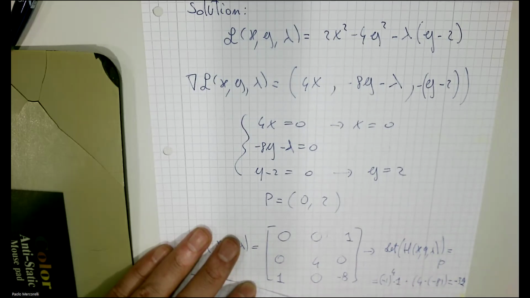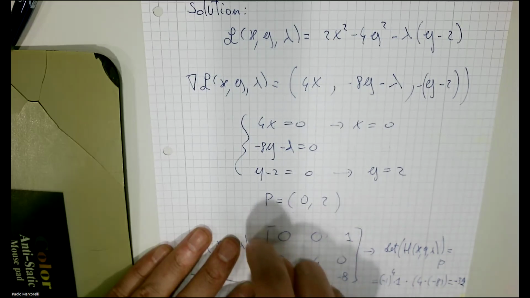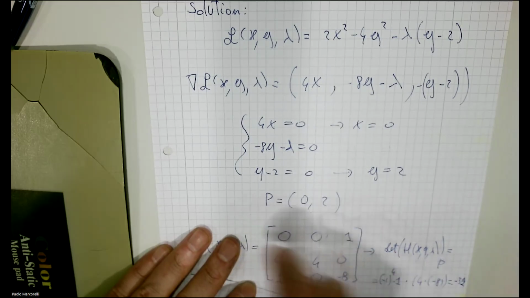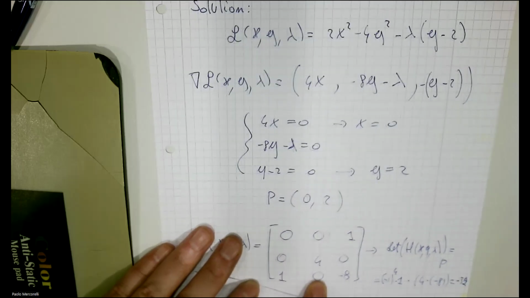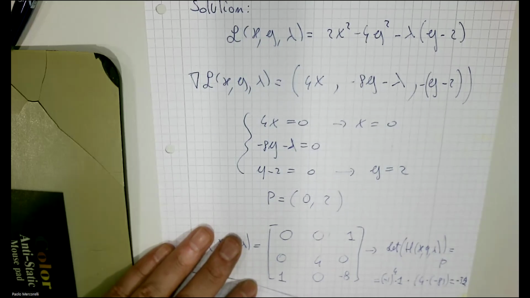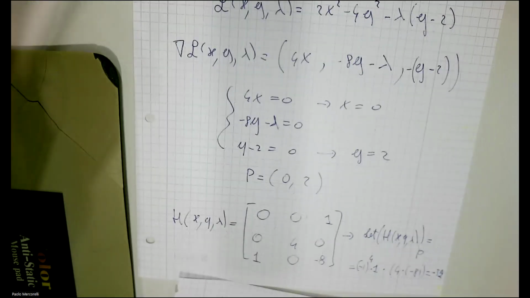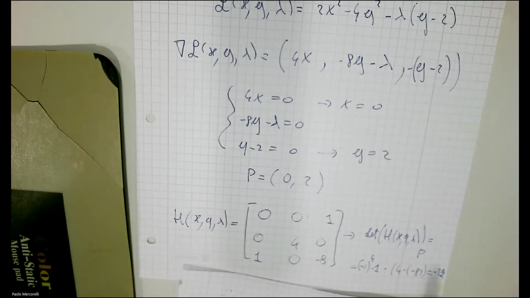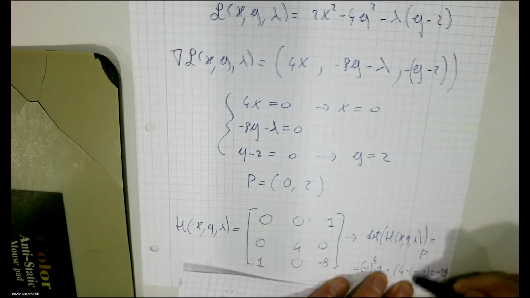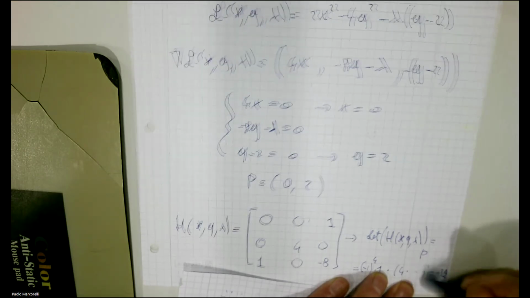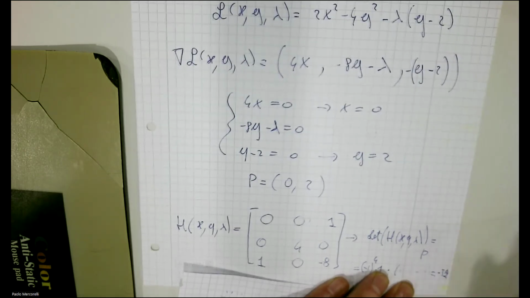And then why this element here? Because I have to consider the minor which remains if I eliminate this row and this column, and then the minor is the determinant of this minor, meaning this multiplied by this minus this. This is an error. I see an error here. Just -4, excuse me.